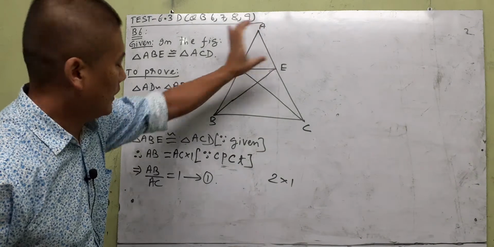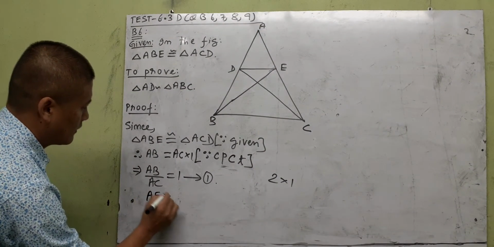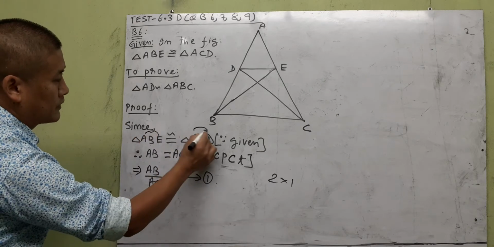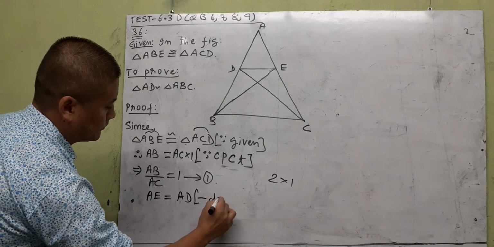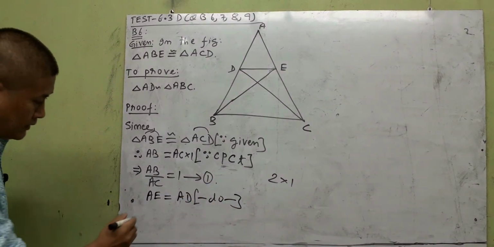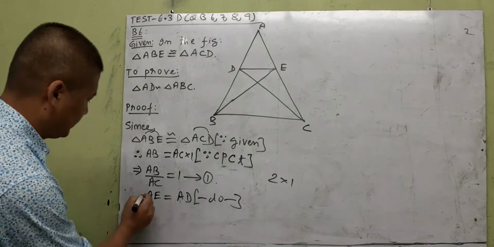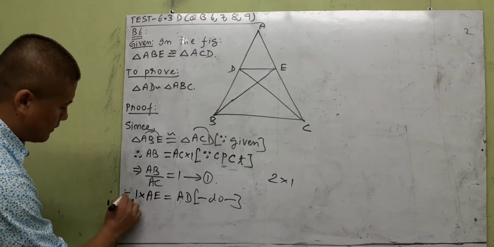First and third here also. That is called corresponding sides. Again, CPCT. So now this time, let us write here into 1. Anything can be multiplied by 1.